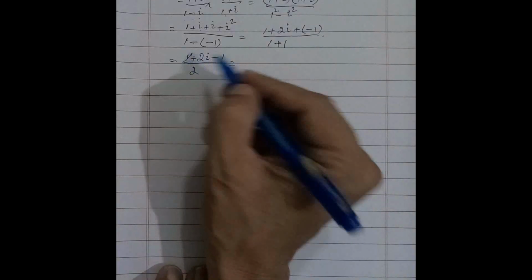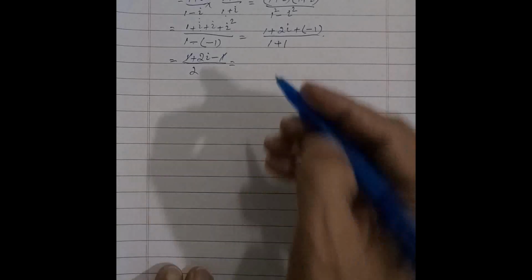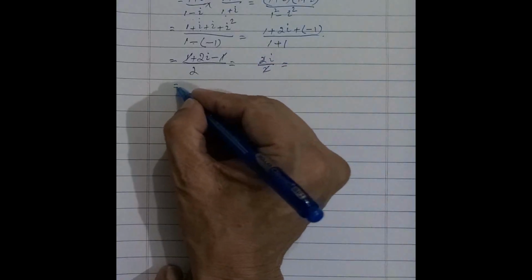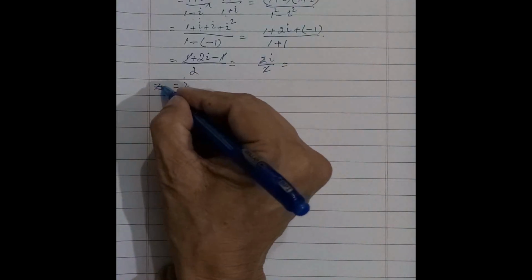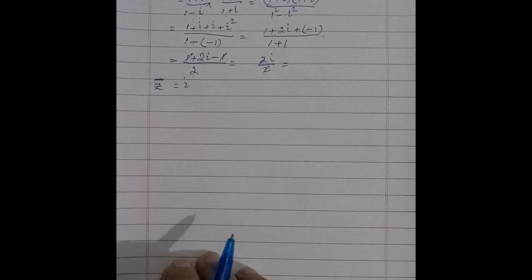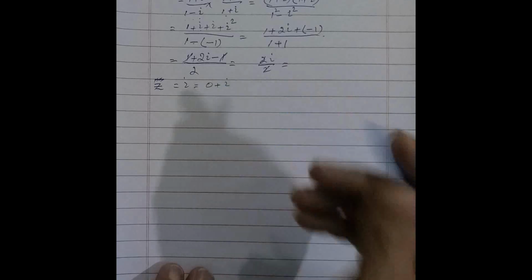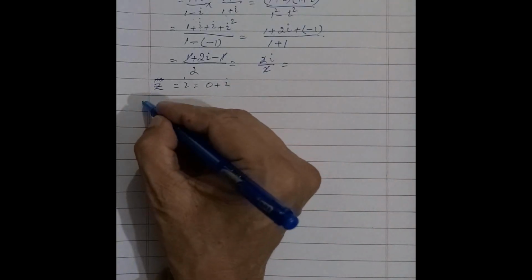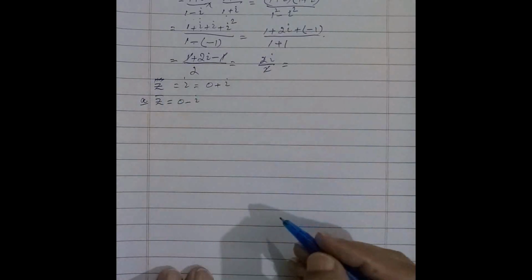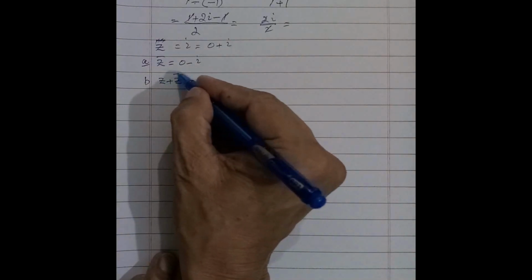Now simplify these values, 1 plus 1 cancel with minus 1, we have 2 iota over 2, and 2 cancel with 2, and we have iota, which is the z in the form of a plus b iota. So we can write it 0 plus iota, and the A part is z bar, which is equal to 0 minus iota, and the B is z plus z bar.